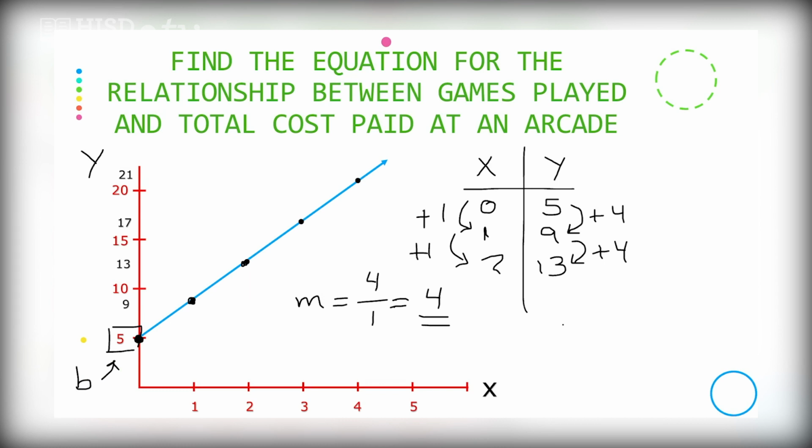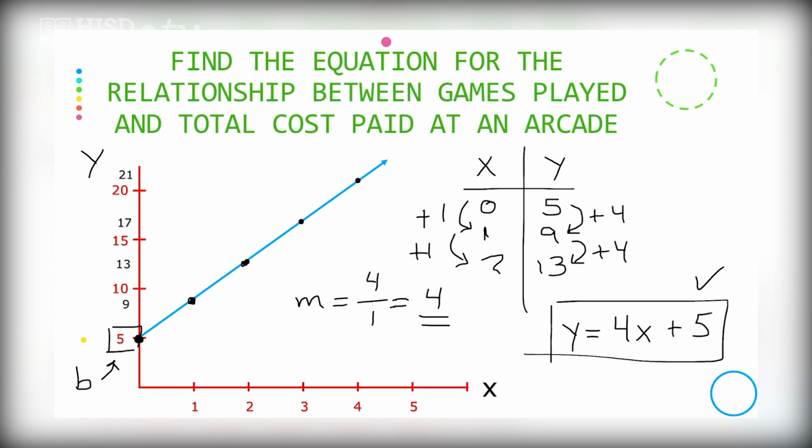So with those two numbers, I can write my linear relation, which is going to be y equals mx plus b. We know m is 4, so 4x, plus b, which we now know is 5. And that is how you use a graph in order to find the equation of the line.